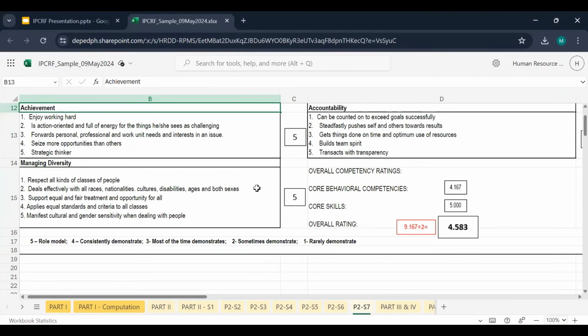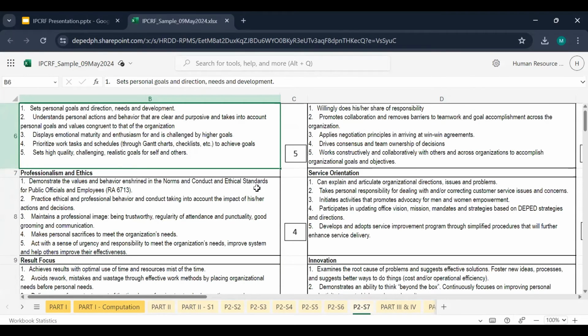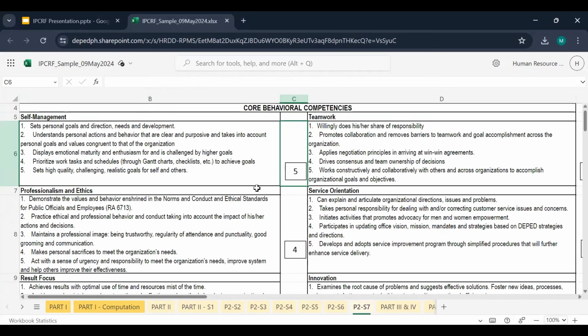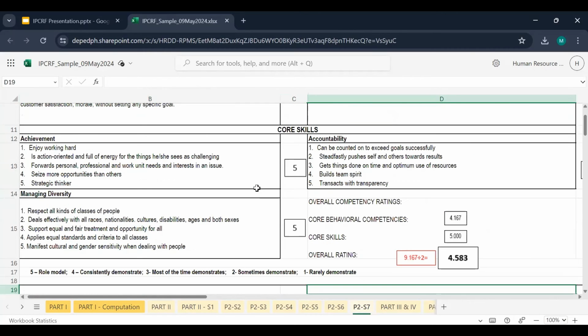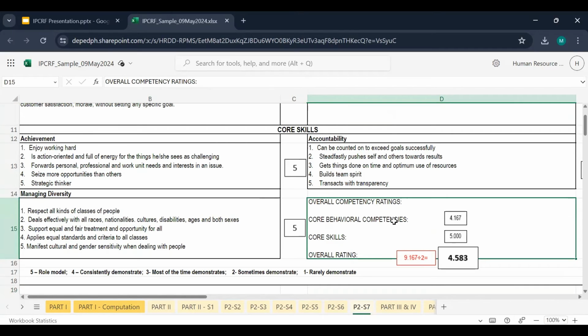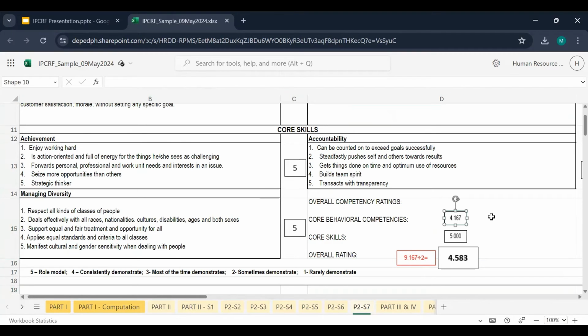In evaluating these core competencies and skills, the whole number shall be used, while in getting the ratings for the core behavioral competencies, core skills, and overall rating, the 3 decimal points shall be used. We are now done in part 2.